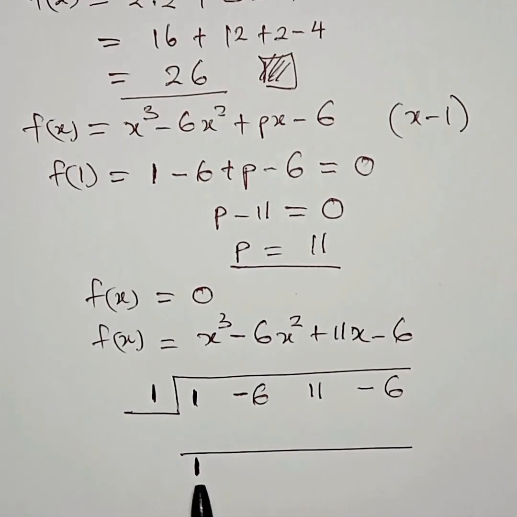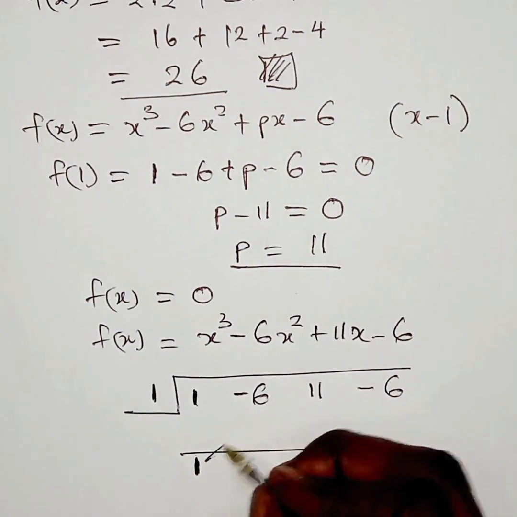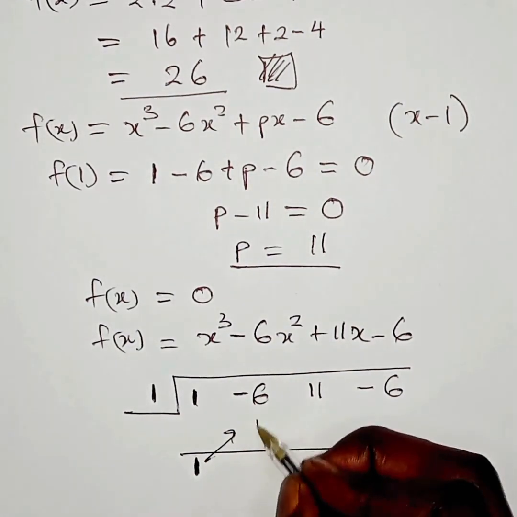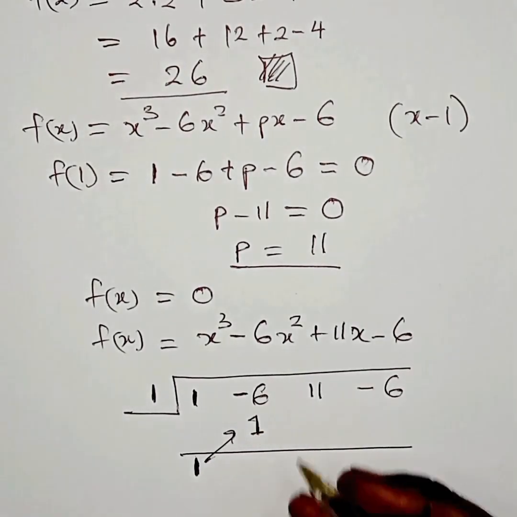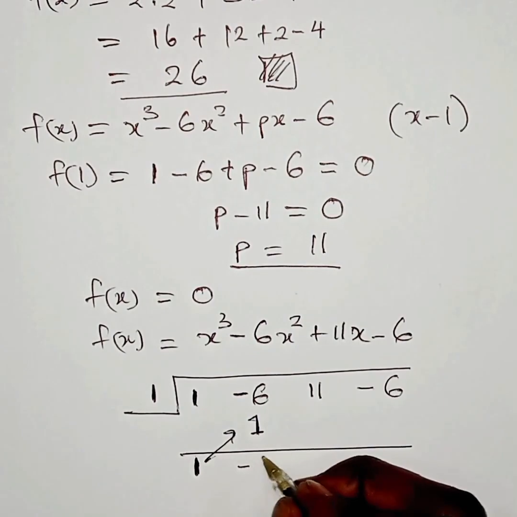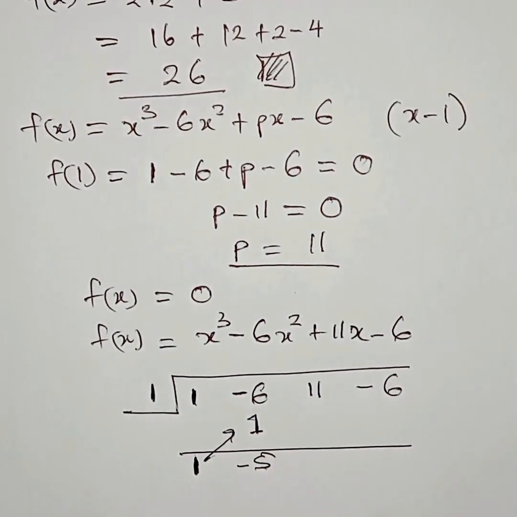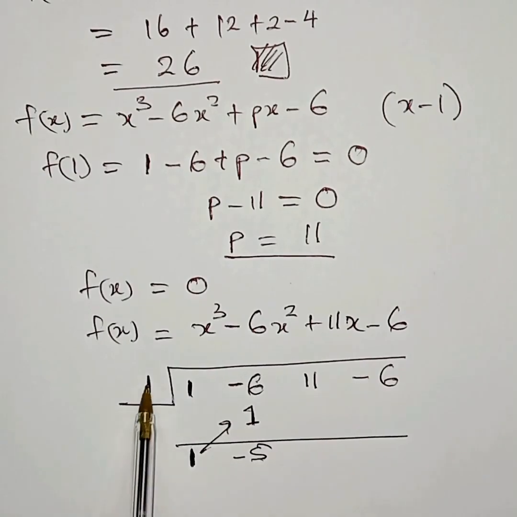Then you are going to multiply 1 times 1. You get 1. So you push this 1 to this column. Then you're going to add this and that. You get minus 5. Then you're going to multiply again, 1 times minus 5. You get minus 5.